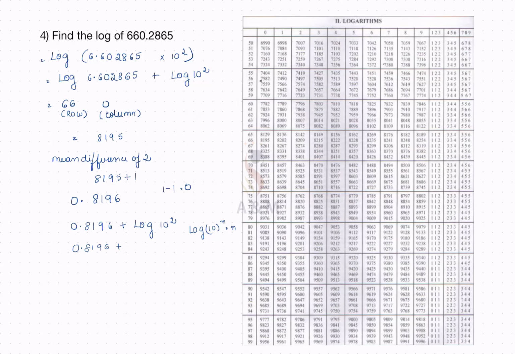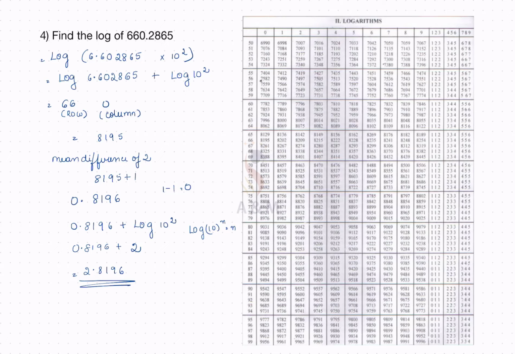So what is n here? n is 2. Here it is log 10 to the power 2, that is 2. It is 2.8196. Okay, this is through the formula method.